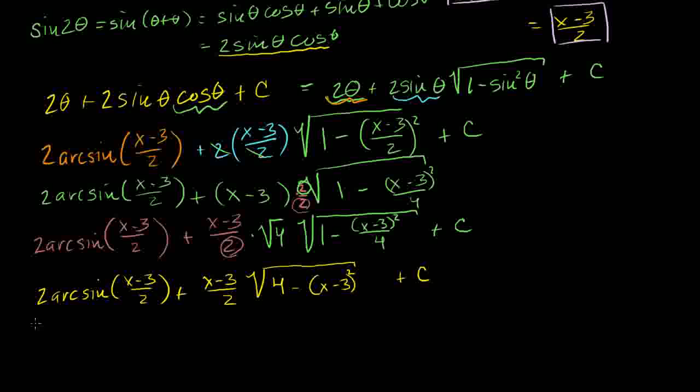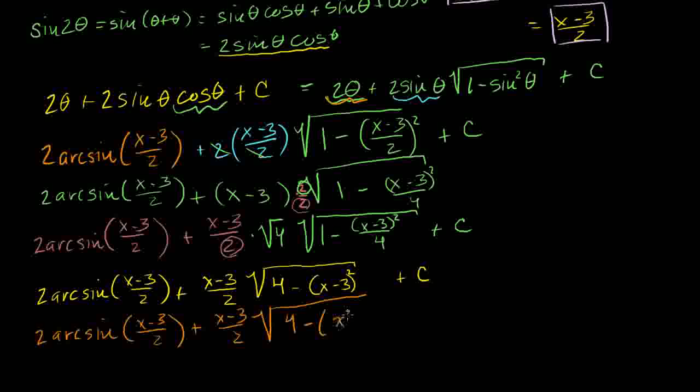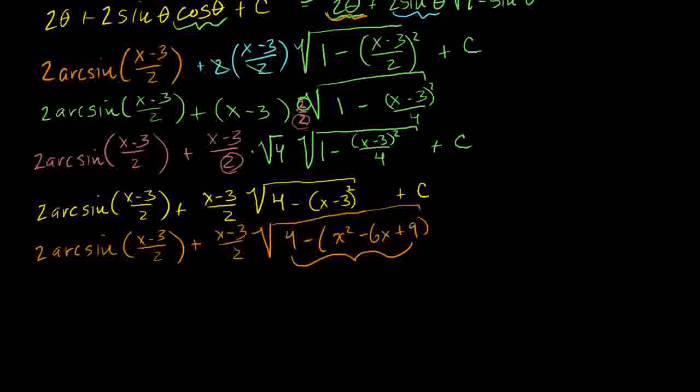This is equal to 2 times the arcsine of (x minus 3) over 2 plus (x minus 3) over 2 times the radical of 4 minus, let's expand this, x squared minus 6x plus 9. And then this expression right here simplifies to minus minus, it's 6x minus x squared, and then you have 4 minus 9, minus 5, which was our original expression.